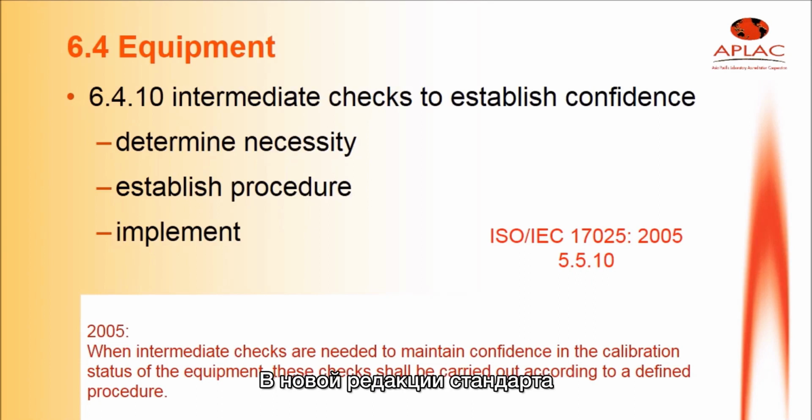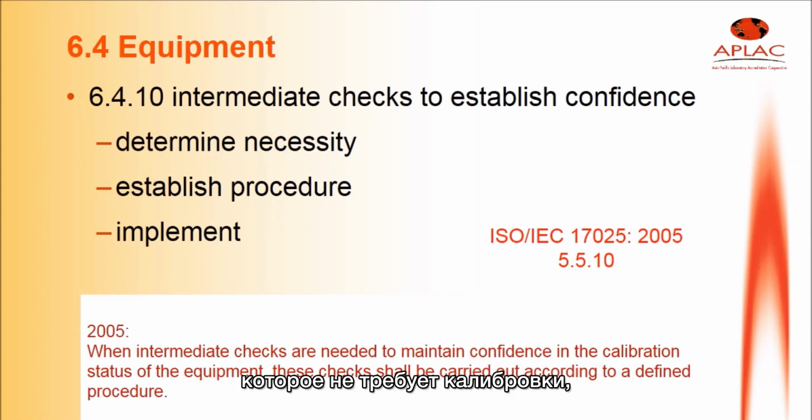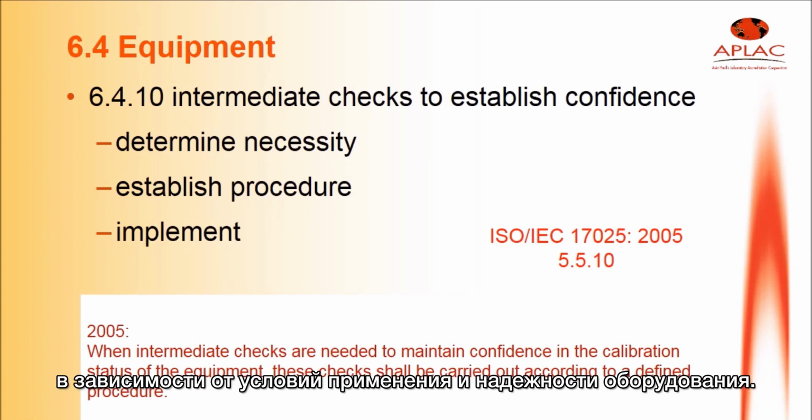In the new version of the standard, laboratories shall also consider rechecking some equipment which doesn't require calibration, to ensure it continually meets the requirements of testing or calibration methods. How to check and the frequency of the check will be decided based on the application condition and the stability of the equipment.